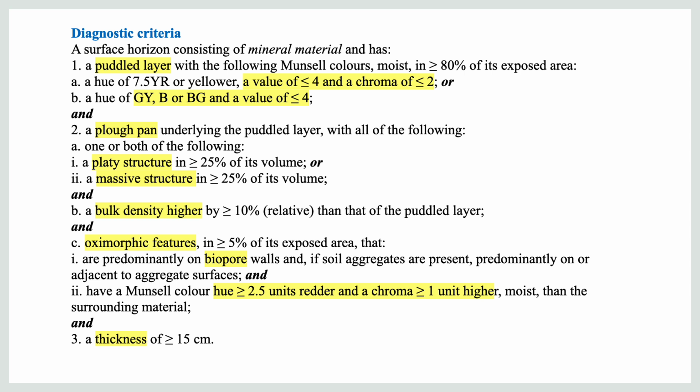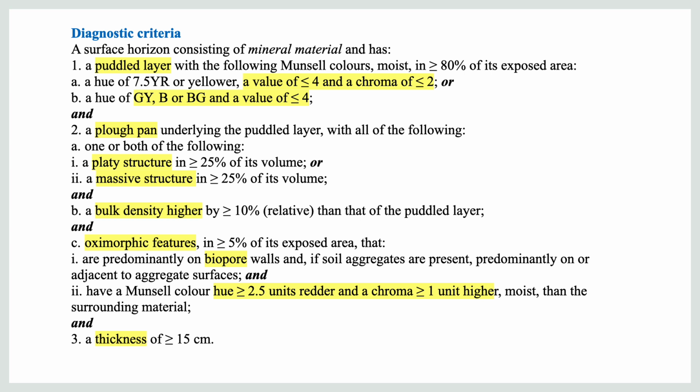So below the anthraquic horizon, I need to find a layer or a section that avoids water migration, that avoids water percolation, and because of this creates these flooded conditions.